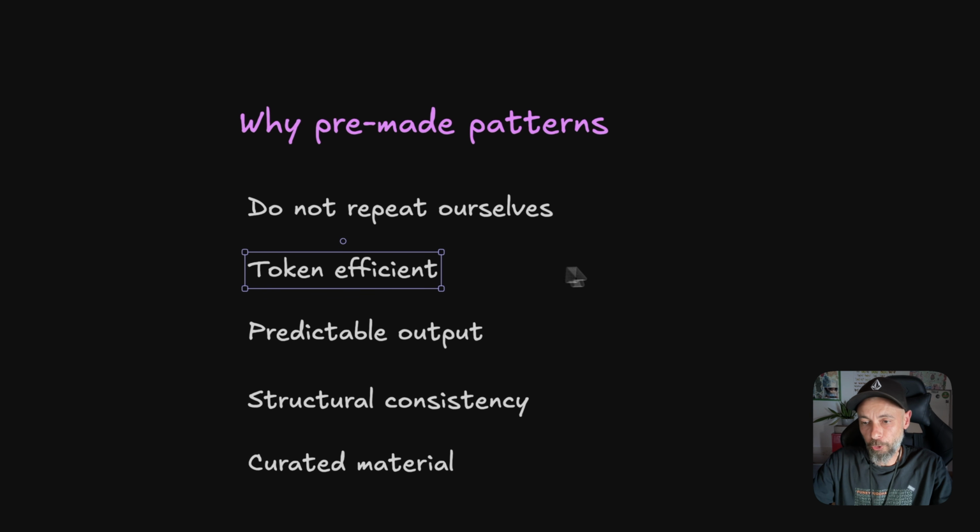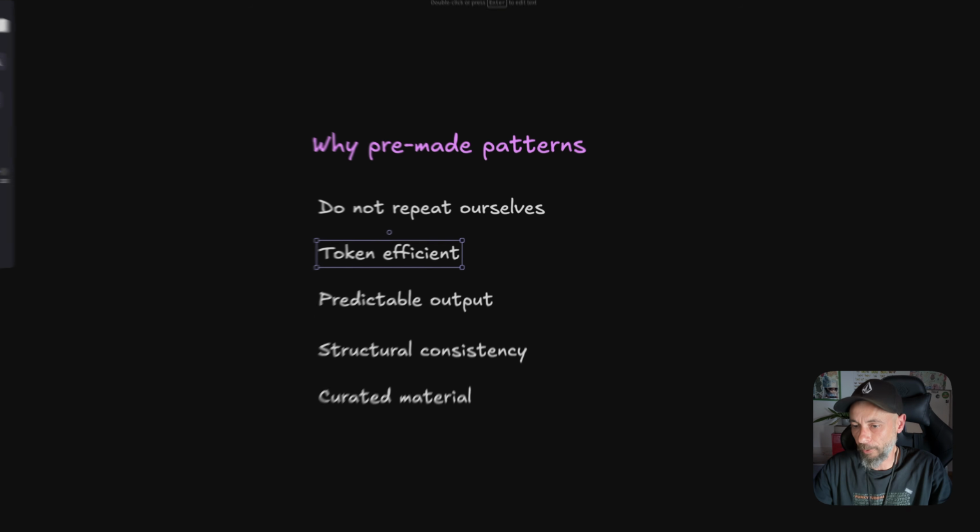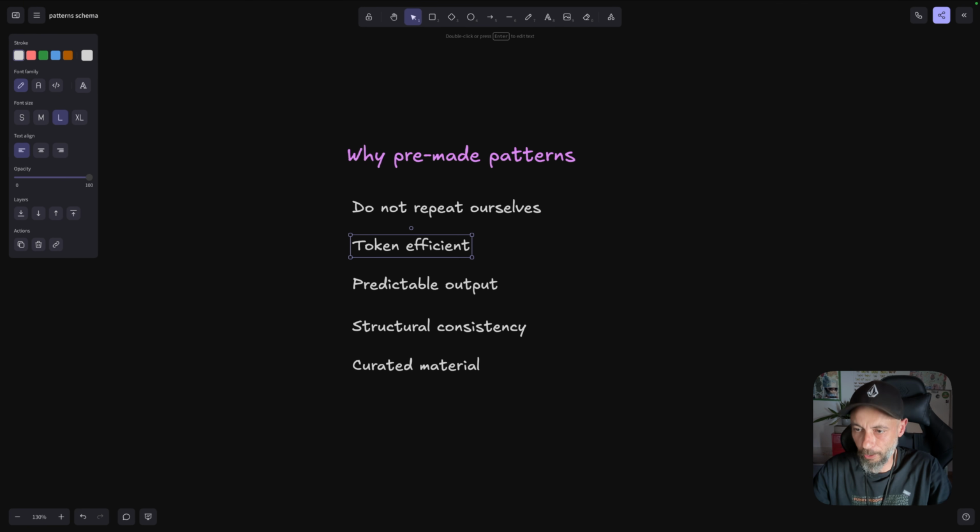Next, this process is much more efficient regarding tokens. Instead of spending potentially thousands of tokens for the agent to generate a pattern from scratch, the agent will only spend a few hundred, in the worst case, to assemble the layout composition.